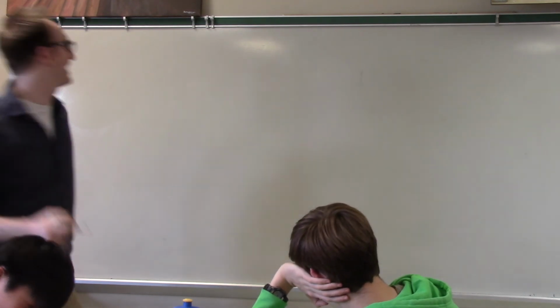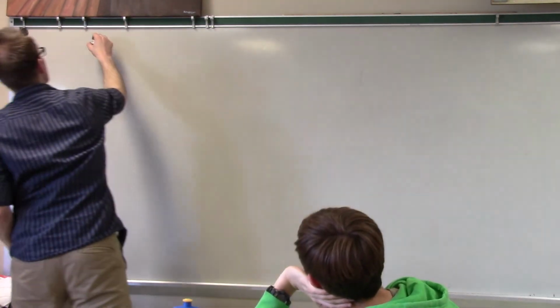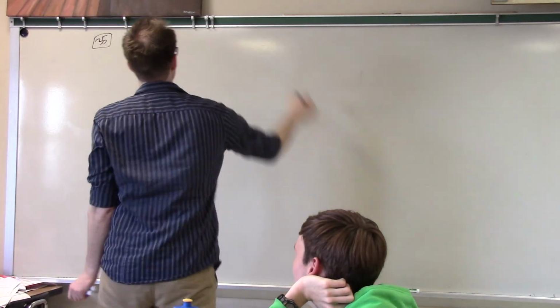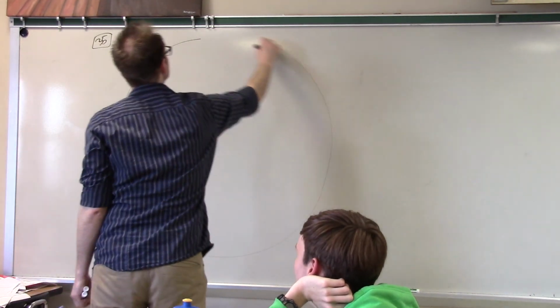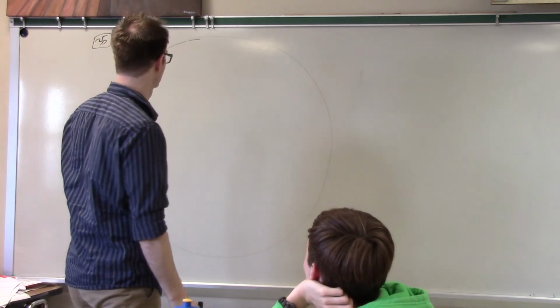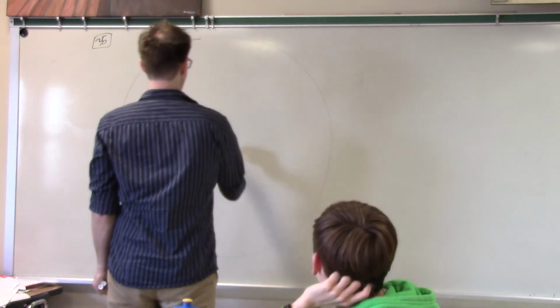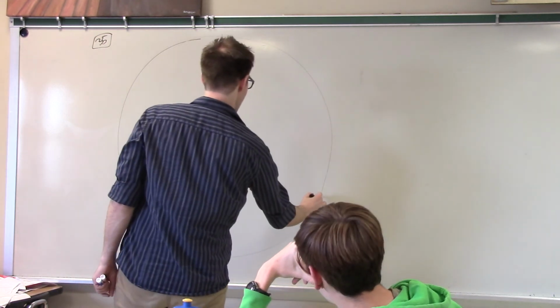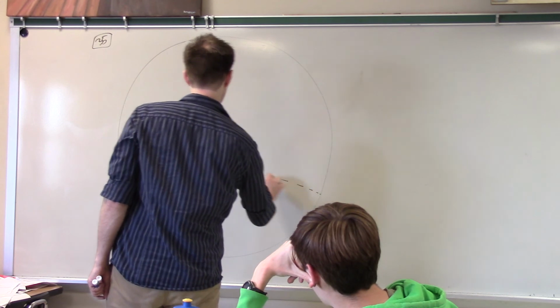Okay, good. So we do it. This is number 35. And the radius is just like r, right? Yeah. All right, sphere happening. And we have the center of the sphere here. And we have the cone.